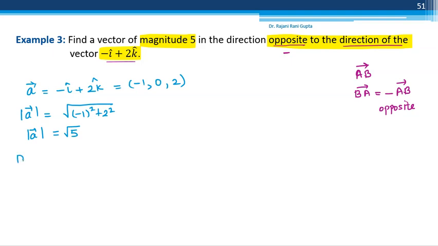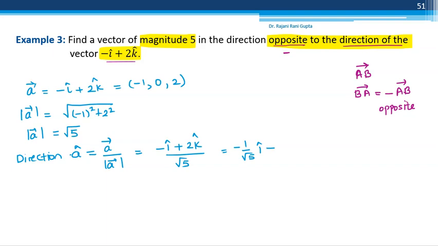So we get the direction, that is A cap, as the vector A divided by its magnitude. So which is minus i plus 2k divided by root 5. So this is minus 1 over root 5 i plus 2 over root 5 k.